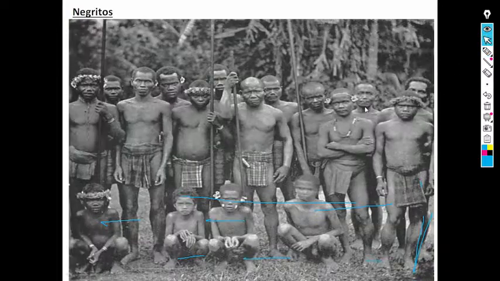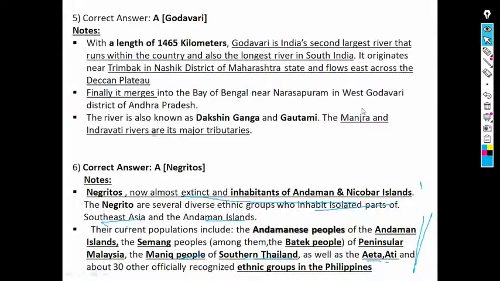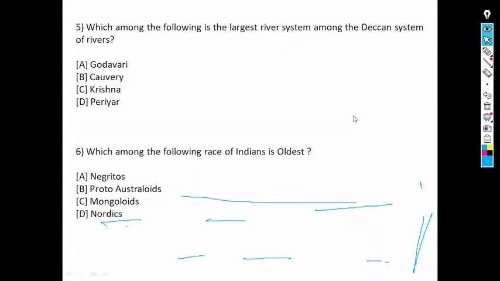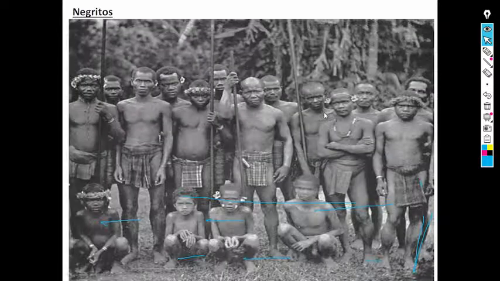Next, if we say which of the following races of Indians is oldest, it is the Negritos.